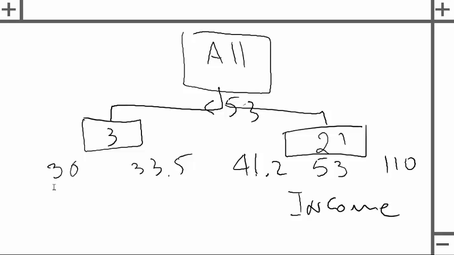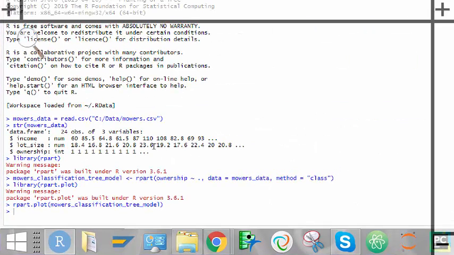Out of these possible splits, it will pick the one that gives you the cleanest separation of yeses from no's in both resulting subsets. So it's a lot of work going on behind the scenes. We don't see any of that, of course. Software does that without us seeing it, but that's essentially what we're looking at.